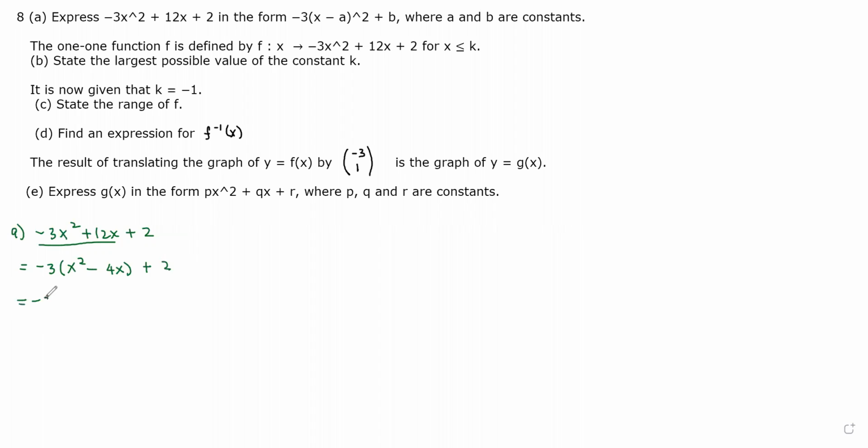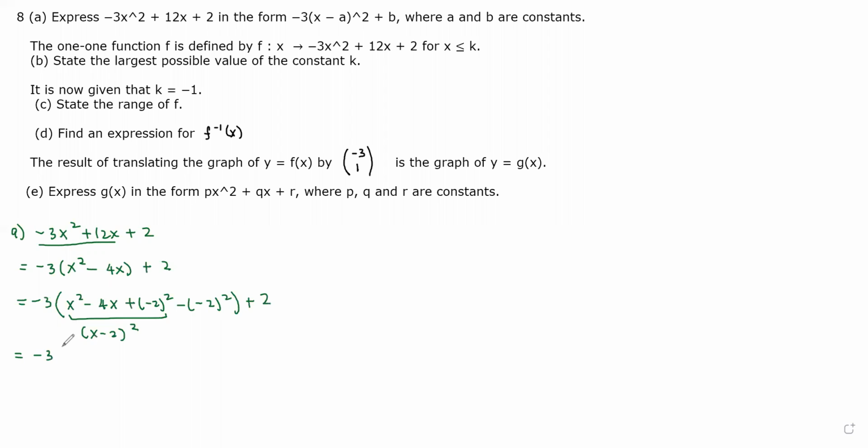Now we complete the square for x squared minus 4x. So you have x squared minus 4x plus negative 2 squared, minus negative 2 squared, plus 2. These first three terms become x minus 2 squared.